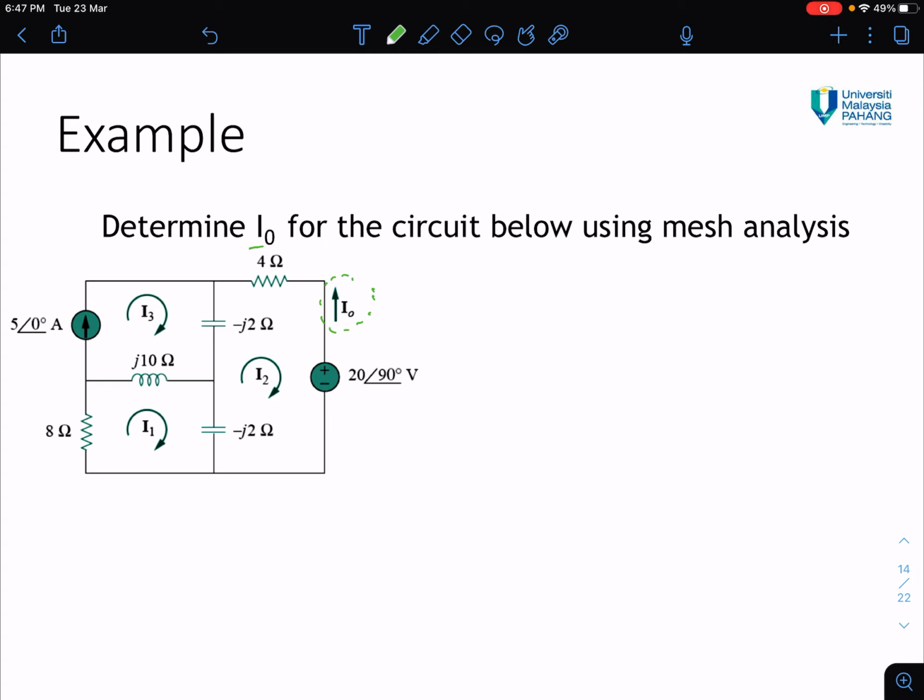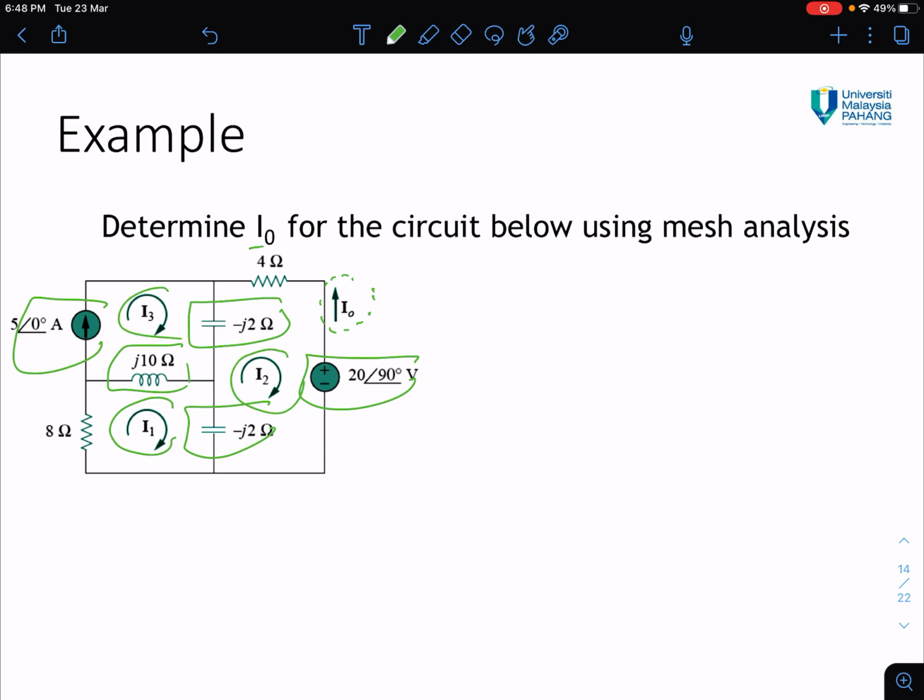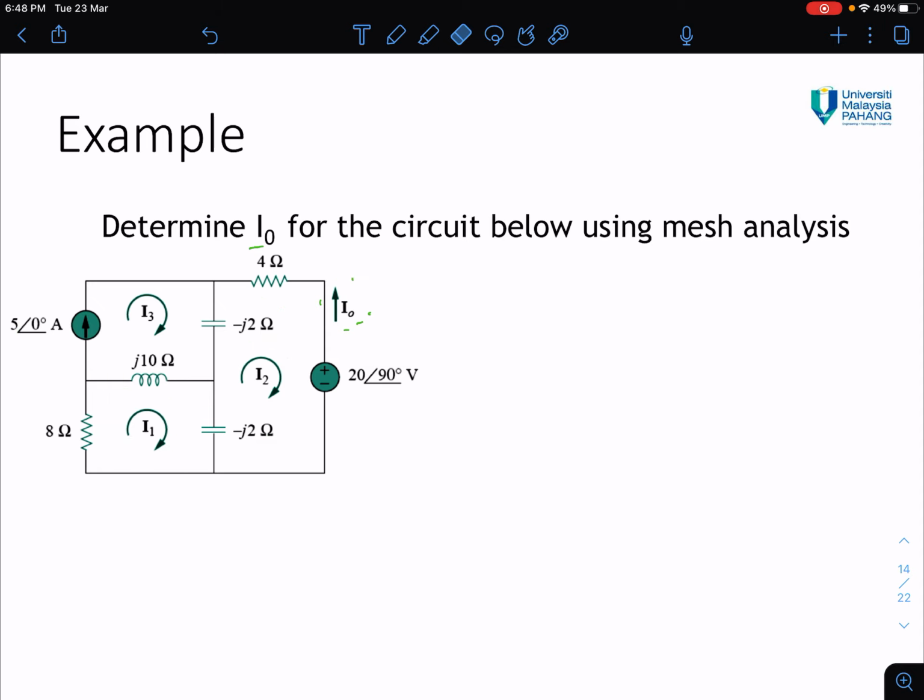This is very clear. The inductor, the capacitor, the current source, and the voltage source are in the phasor domain, or frequency domain. And there are labels I1, I2, I3, all the meshes labelled for you. Then we need to work out how to calculate I naught.